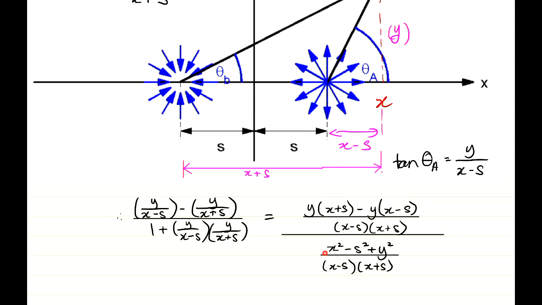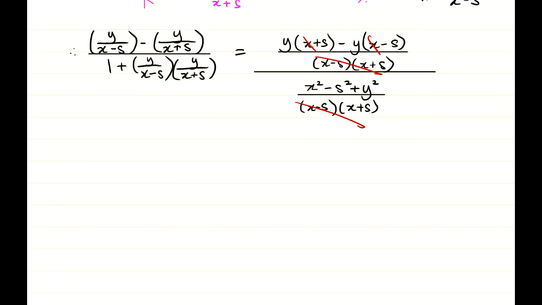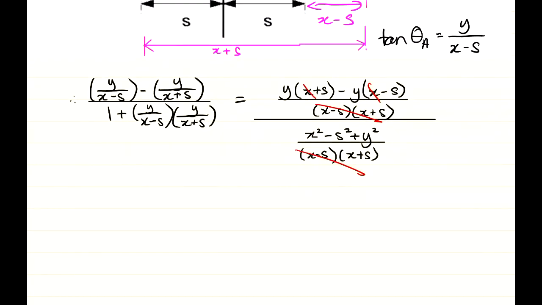This term and this term here cancel out, and this one cancels out as well. So it simplifies to 2ys divided by x squared minus s squared plus y squared, equals our constant A.